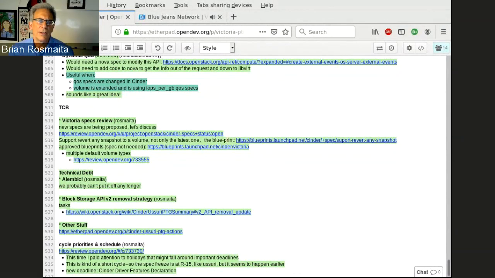Although, in terms of quotas and things, most of the stuff we have is per tenant, I believe, right? We don't have much per user. Gorka, you're talking about actual per individual user.